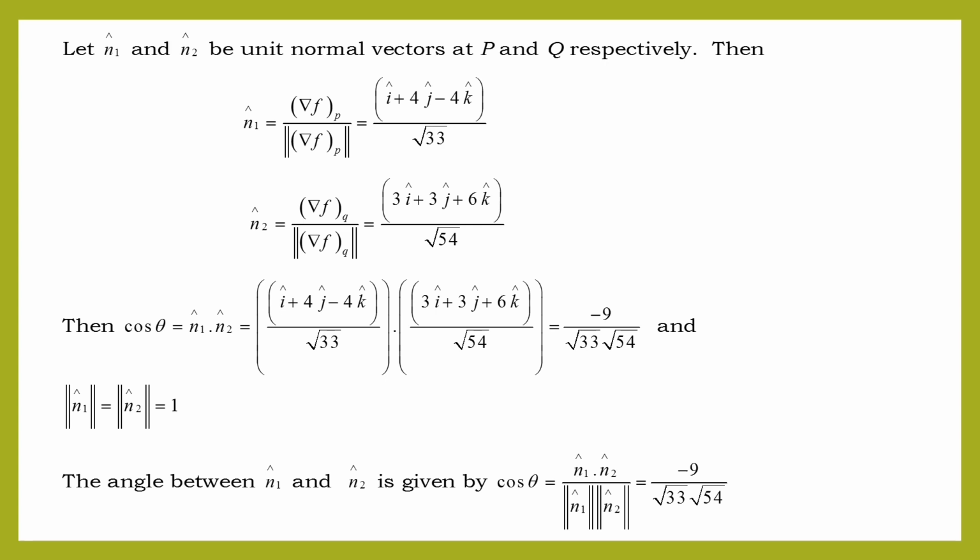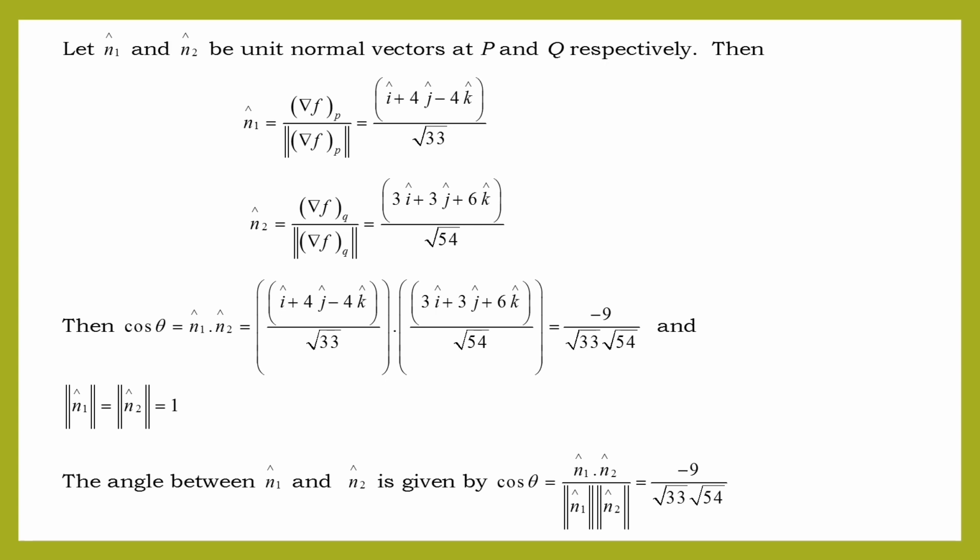Similarly, to find out n2 cap, we have to first find norm del f at Q. Del f at Q equals 3i cap plus 3j cap plus 6k cap. So its magnitude is given by norm del f at Q equals root over 3 square plus 3 square plus 6 square, which equals root over 54.